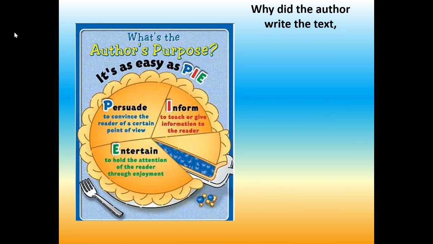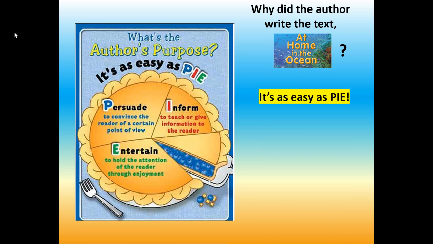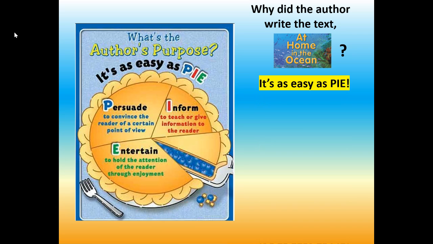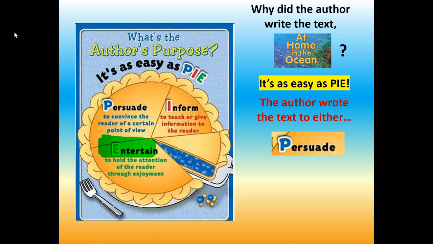All right. Why did the author write the text At Home in the Ocean? Well, it's as easy as pie, or P-I-E. The author wrote the text to either persuade, P stands for persuade, and persuade means to convince the reader of a certain point of view.